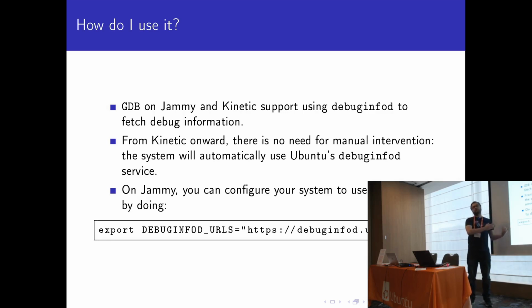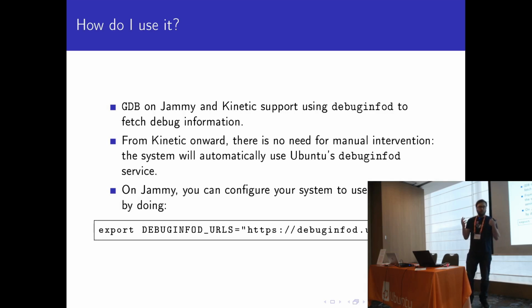For Jammy and previous versions of Ubuntu, Focal or Bionic, let's talk about Jammy first. GDB in Jammy supports Debuginfod, but you have to manually configure GDB in order to contact the server.